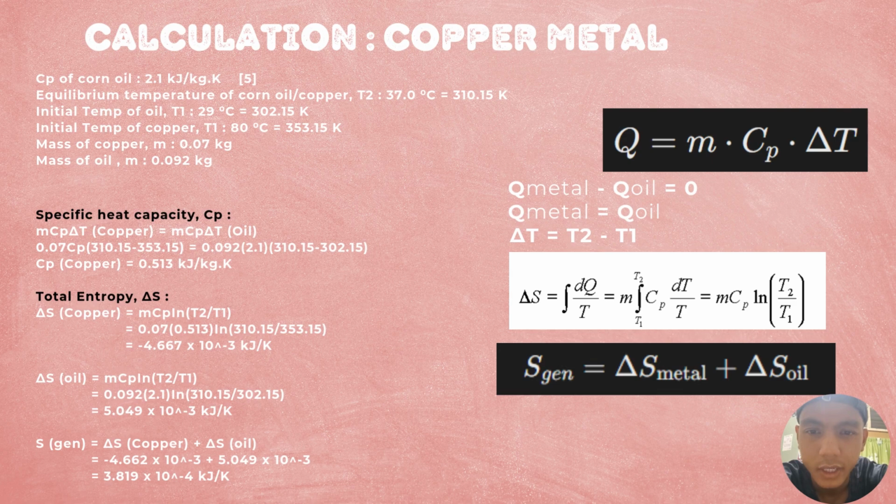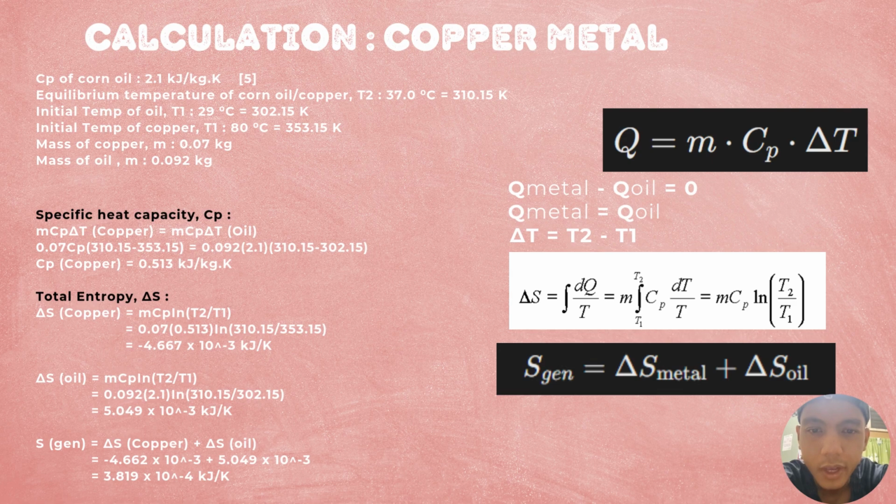kilojoule over kg Kelvin. For the total entropy delta S, the formula that we need to use is delta S equal to m Cp ln T2 over T1. So we need to find delta S for copper and delta S for oil by using the formula and substituting the values.